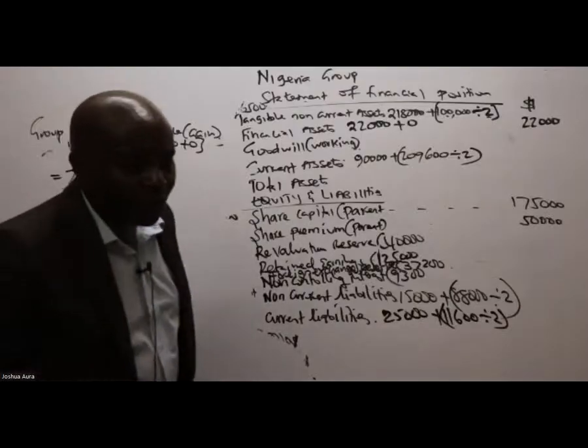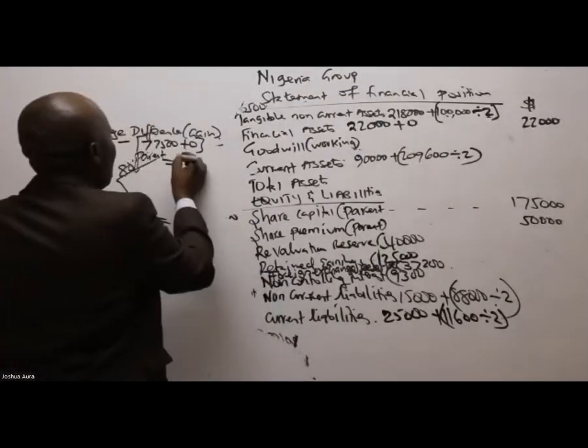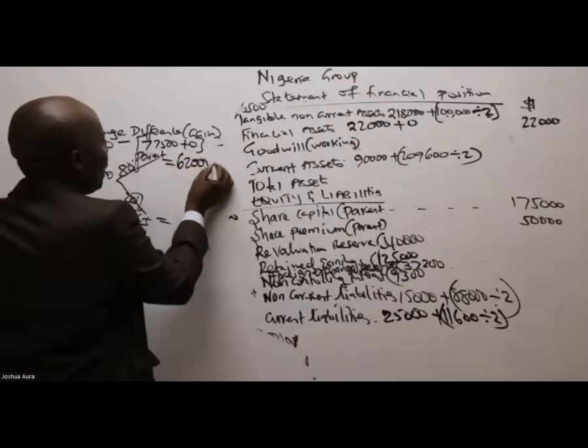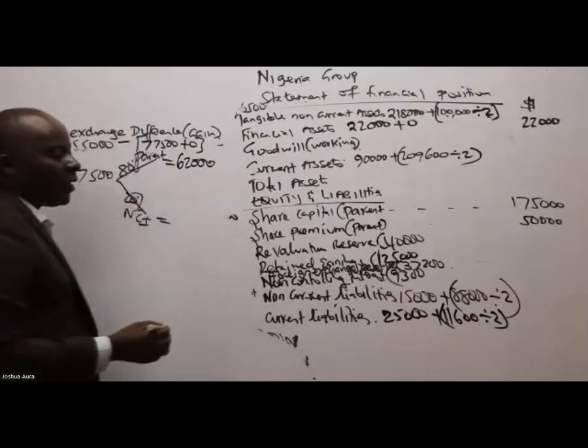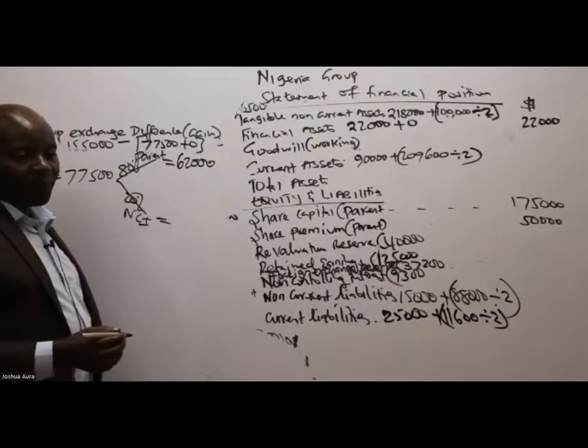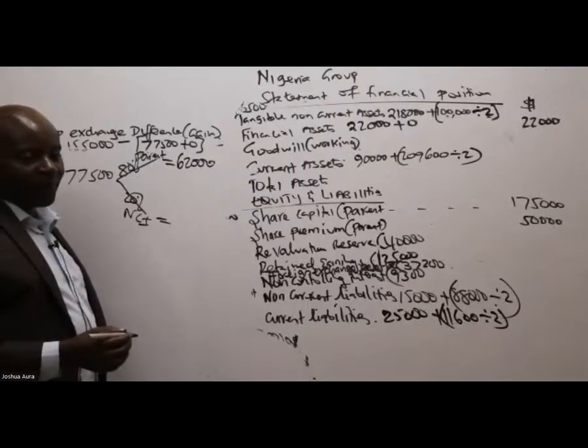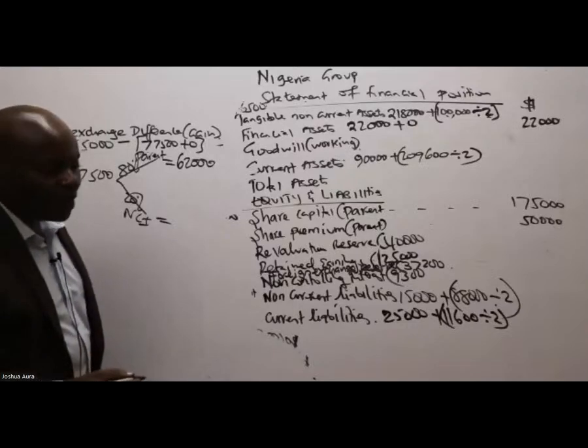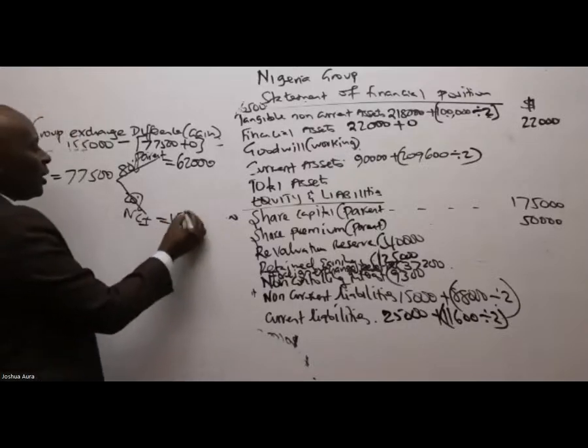Nimro tells me the parent's share should be 62,000. How about NCI? NCI is 15,500.